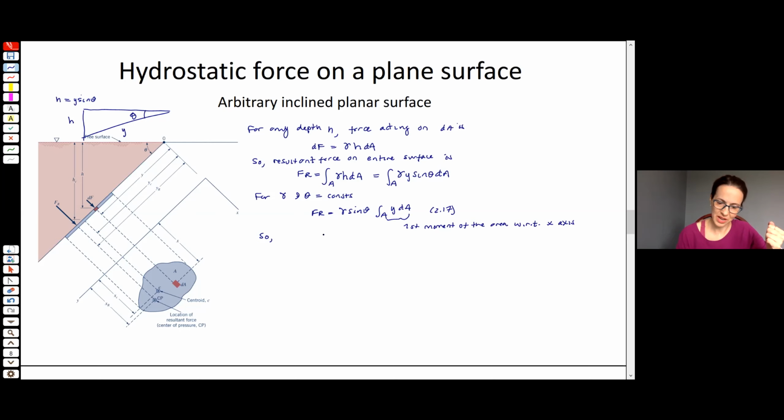So we can write it as the integral over the area of y dA is equal to yC A. Now what's yC? That's the y coordinate of the centroid. Okay, so if you look over here on the figure and you trace down the y-axis, we see yC here, we follow it over, we see that it's the y location of the centroid of the shape.